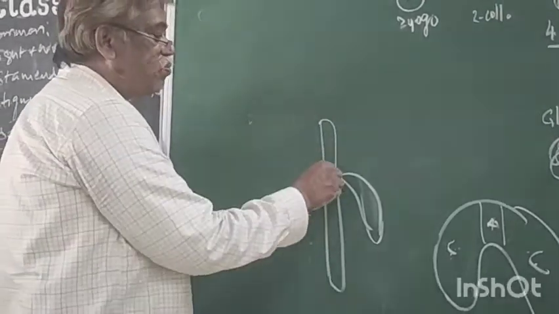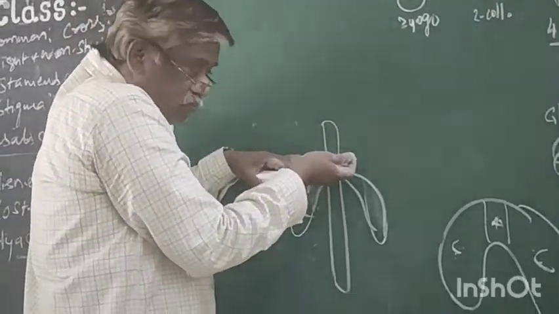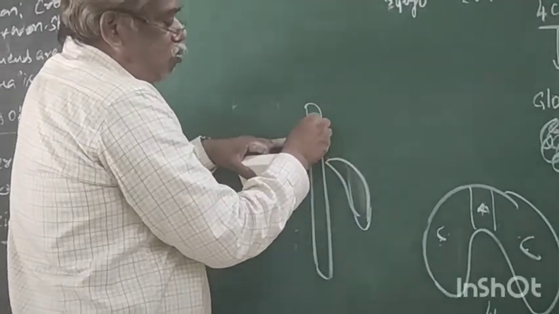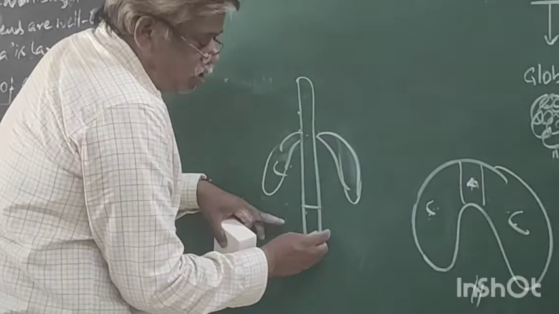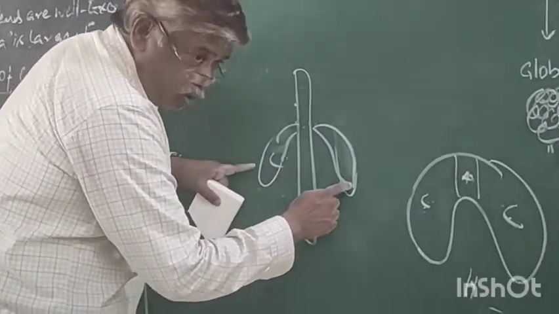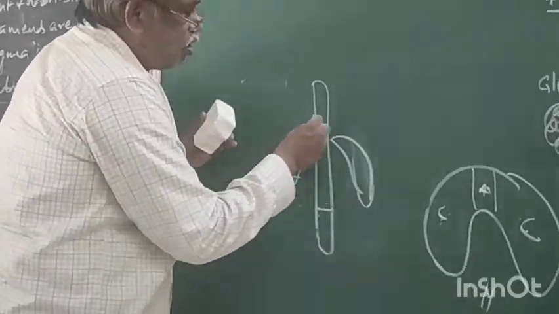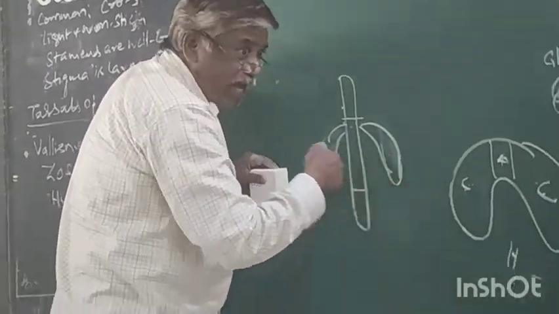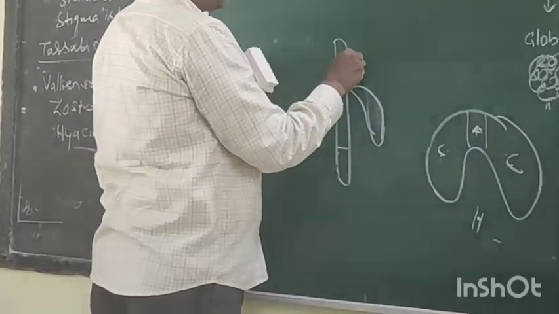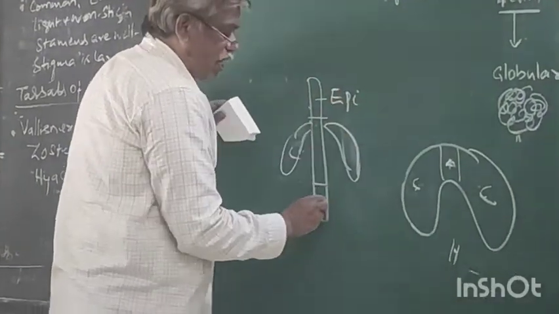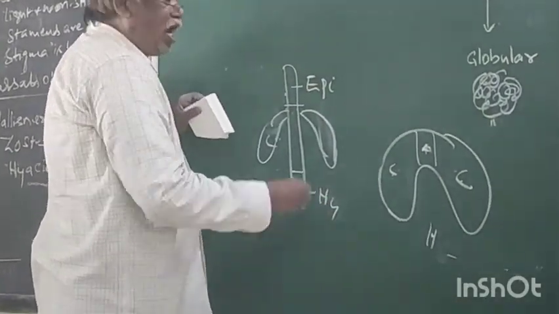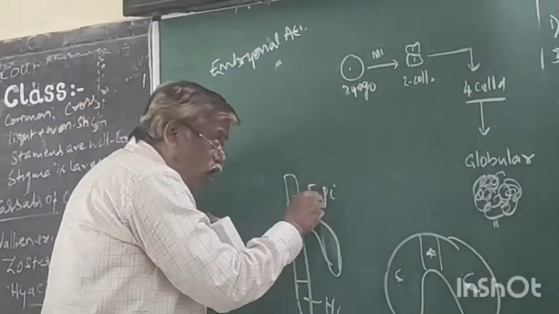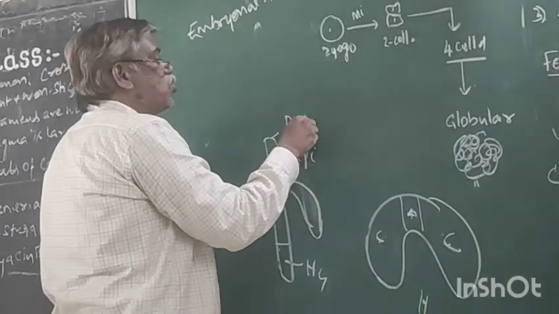The part of the axis above the level of the cotyledon is the epicotyl, and the part below is the hypocotyl. The terminal part of the epicotyl is the plumule.